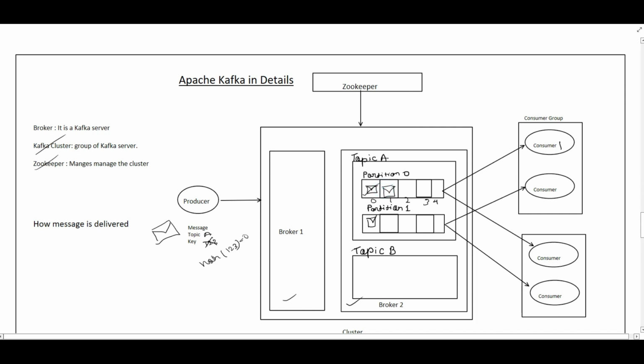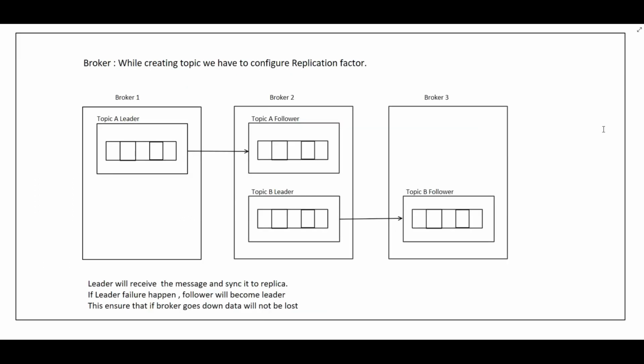Since the key is not defined, Kafka follows the round robin way to push the messages into the partitions, and from the partition the consumer will read the message with the help of the offset, right? So this is how the message is passed from the producer to the consumer and consumed.